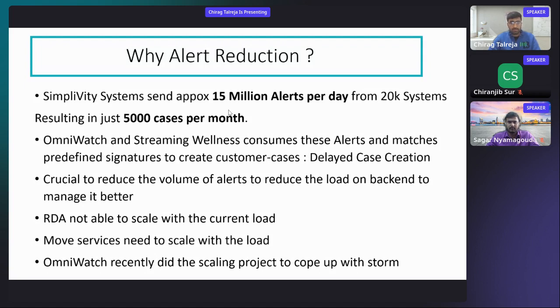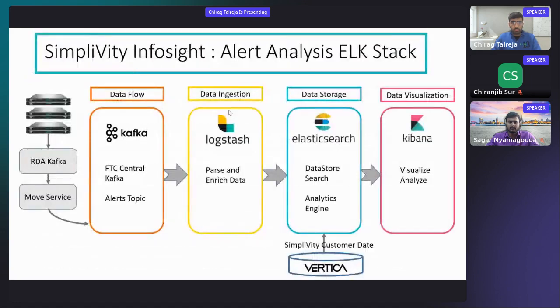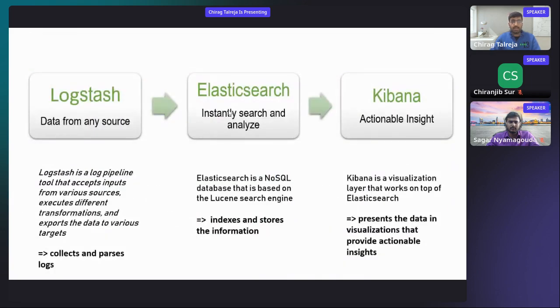Regarding this use case, Sagar will talk in more detail and share certain results on how ELK proved useful to us. Before going back to the architecture, I'll present what Elasticsearch is and how it has proved useful to us.